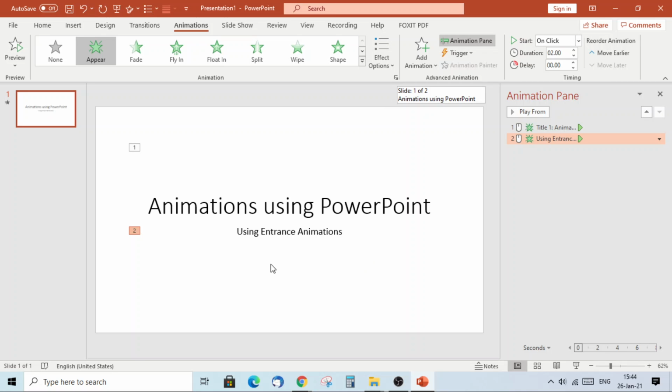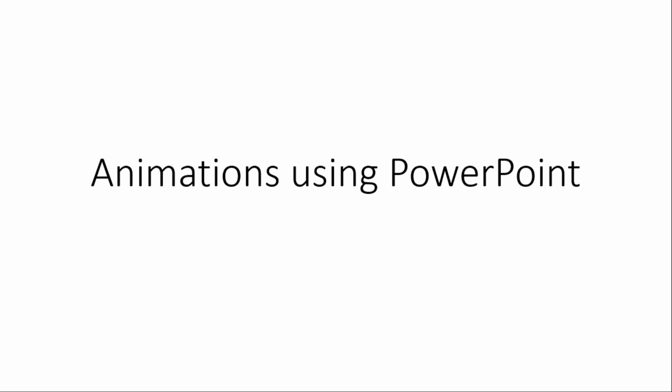Normally animations are activated when the PowerPoint is put in slideshow. So let's put this in slideshow and see how that looks. When I click the tab, the first animation will appear, and then when I click the tab again, the second animation will appear.